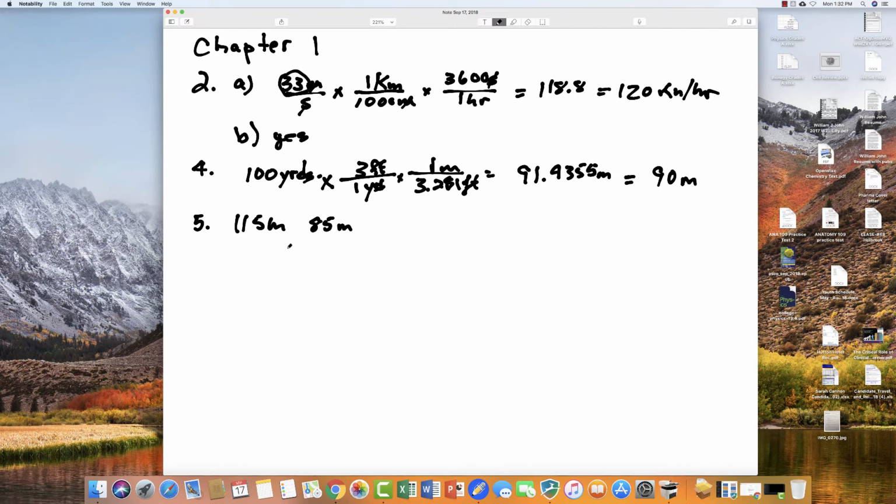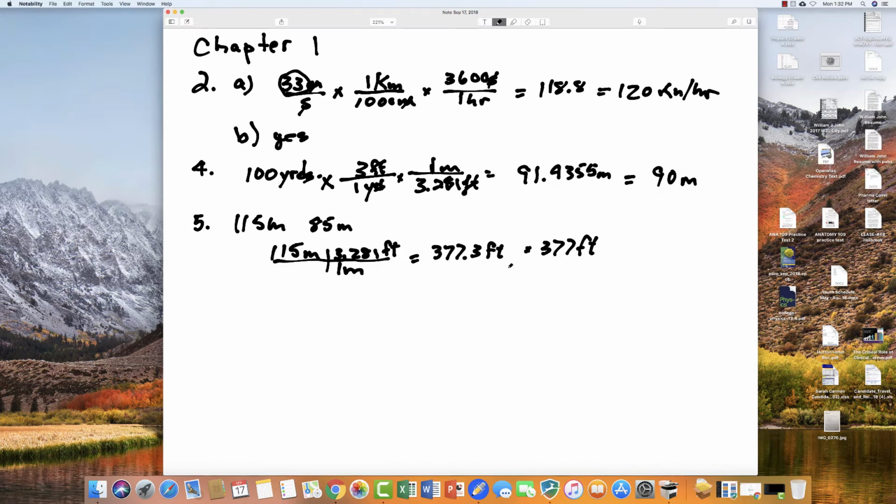If we start with the length first, we have 115 meters, and then 1 meter is equal to 3.281 feet. If we do the math on that, that gives us 377.3 feet, which to 3 significant figures would be 377 feet.